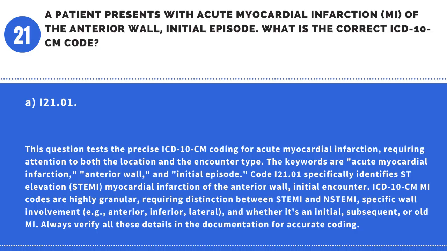Code I21.01 specifically identifies ST elevation, STEMI, myocardial infarction of the anterior wall, initial encounter. ICD-10-CM MI codes are highly granular, requiring distinction between STEMI and NSTEMI, specific wall involvement, e.g., anterior, inferior, lateral, and whether it's an initial, subsequent, or old MI. Always verify all these details in the documentation for accurate coding.